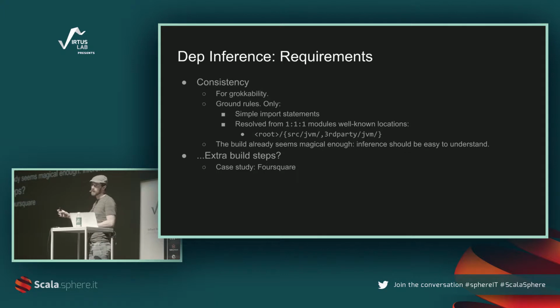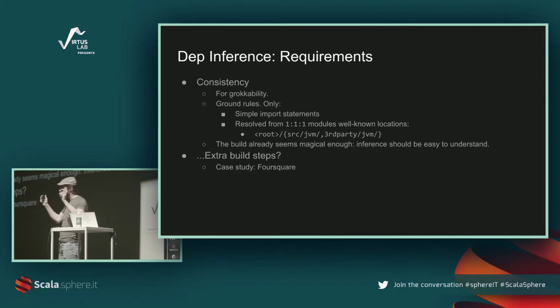A little bit more here, so I don't have to put anything there. And then also, we shouldn't search the entire repository willy-nilly for things that you might have imported. It's good to have some well-known locations where modules might live.